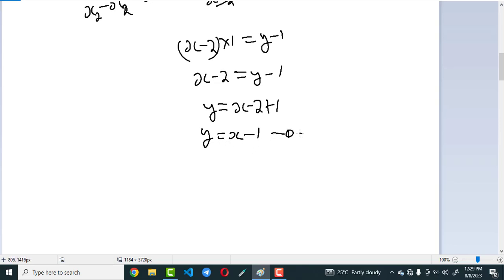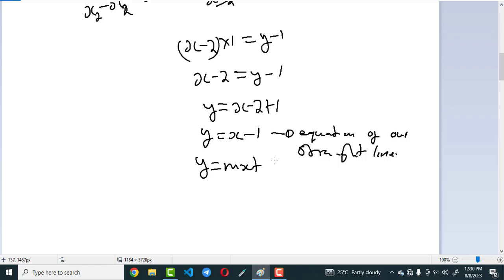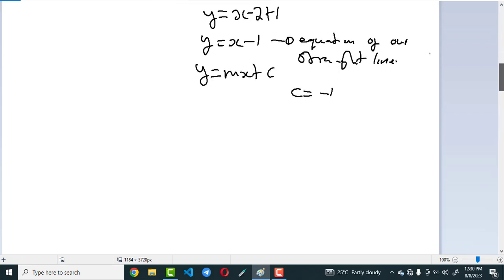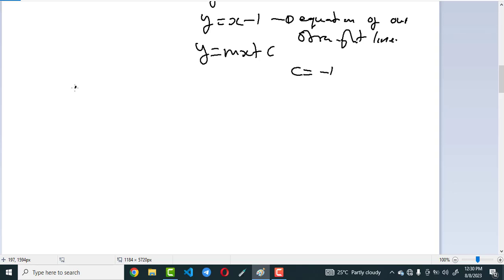So this is our equation of a straight line, also known as our linear line, in the form y equals mx plus c, where our gradient is 1 and the y-intercept, represented by c, is minus 1. If we represent this information on a graph, we draw the xy plane, with the y-axis and the x-axis.